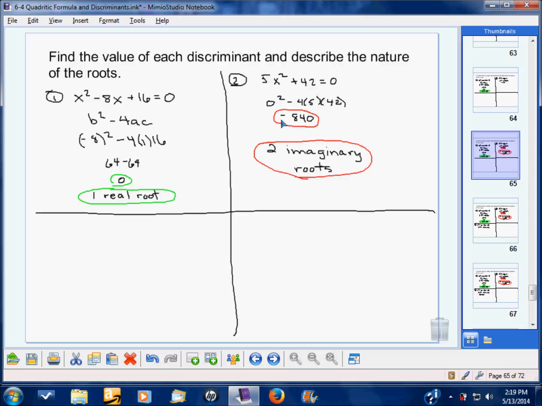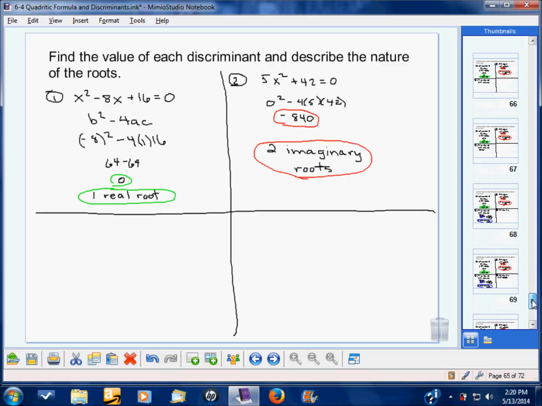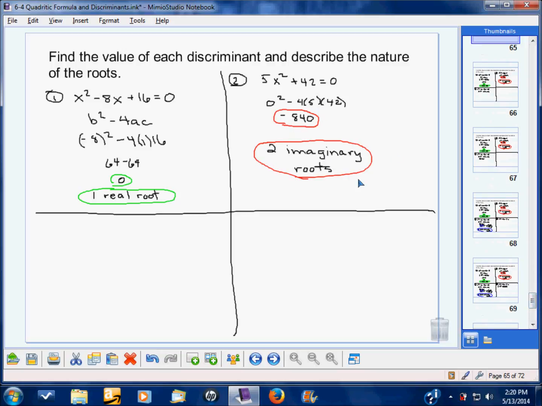The negative from your chart, less than 0, tells you there are 2 imaginary roots. And you're done. This is the value of the discriminant. It's not solving for x, it's just the value of the discriminant, and the discriminant will tell you how many values you're expecting. Alright, let's look at another one.